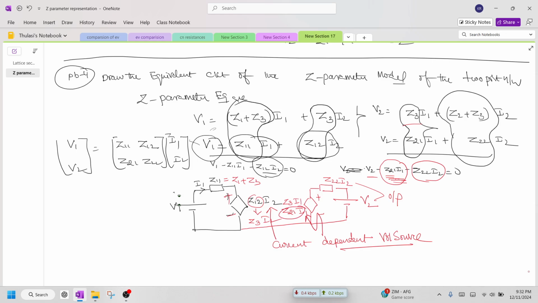Just replace this. And how to write down Z22? Z22 can be written as Z2 plus Z3, into I2. So we have successfully drawn the equivalent circuit of the Z parameter model for the equations given. This is very simple to understand. We need a lot of practice to understand things better.